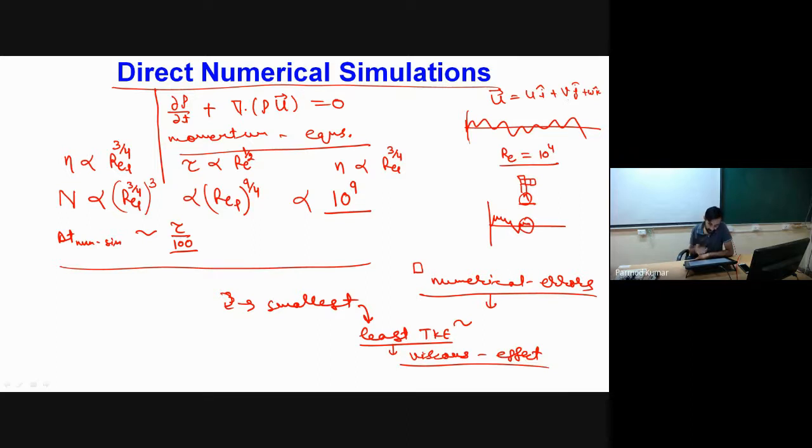So instead of using exactly 10 to power 9 size, many times we can go for a grid size in the range of 5 to 15 times our Kolmogorov length scale. Or for the total number of cells, which I have written as of the order of Reynolds number L to the power 9/4, we can take something around that divided by 100. So these cells may also work because the smallest eddies are of a dissipative nature.